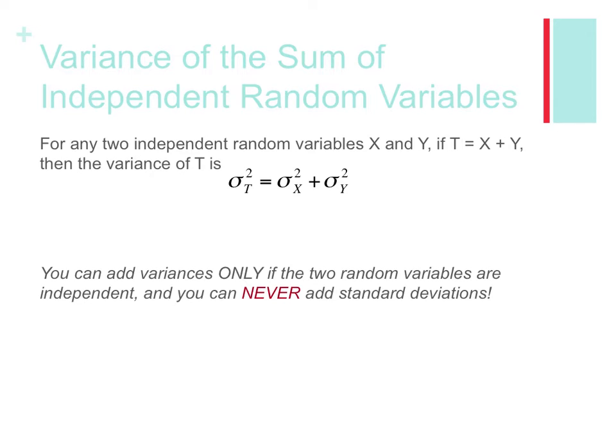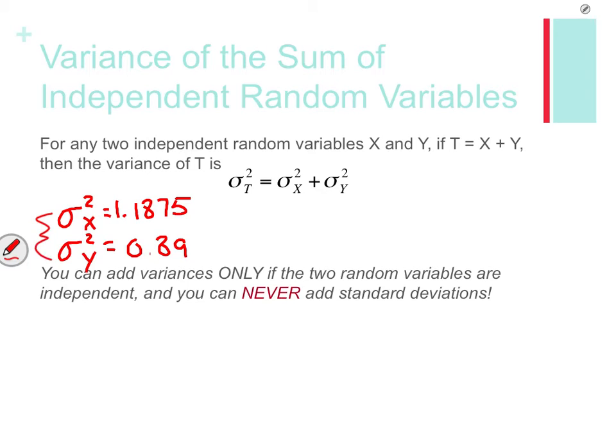So the variance for x, which you could find by just squaring the standard deviation that I had on the last slide, okay? Or you could go back to the past video, which you're not going to do, but you could find where we had calculated it. So the variances for y and x are right here, okay?